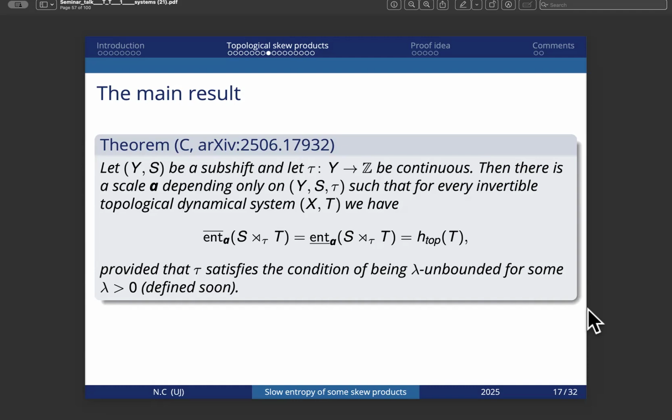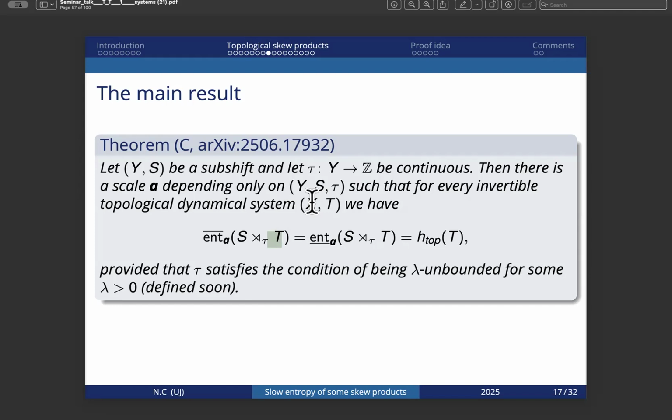Well, it depends on the class of systems one looks at. Here, the class of systems is that we fix y, we fix tau, and then we look at all the transformations T in the skew products. So T ranges over anything, more or less, and the scale does not depend on this.